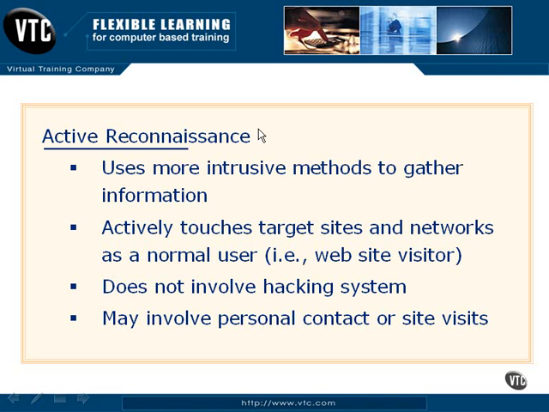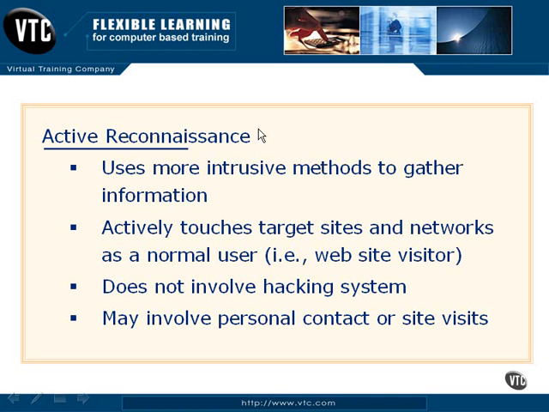So that could be borderline active reconnaissance, but we're going to call it passive because most companies don't monitor that. So as you can see, those lines are very gray. Active reconnaissance sometimes can bleed over into more advanced versions of our methodology. So we're going to cover some relatively high-level reconnaissance methods for active reconnaissance.